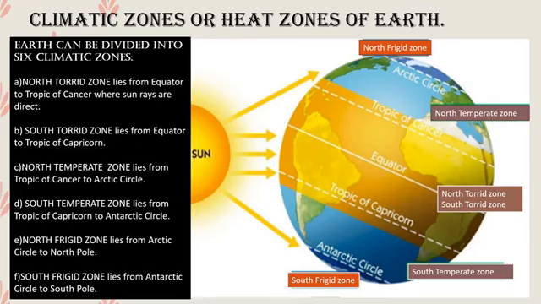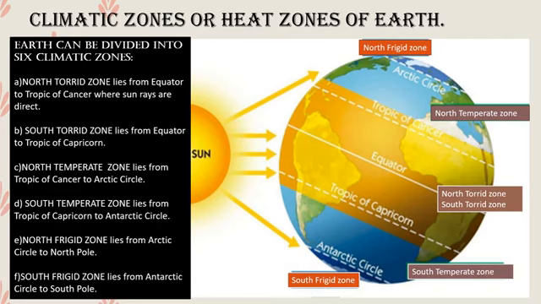After the movements of the Earth, let's take a look at the climatic or the heat zones of Earth. Based on the intensity of heat received by a particular place, the Earth can be divided into 6 climatic zones.